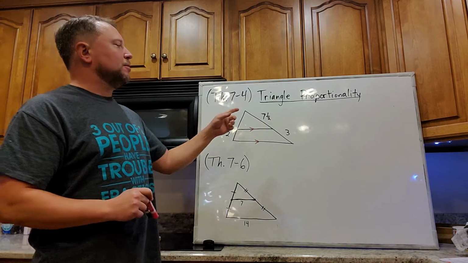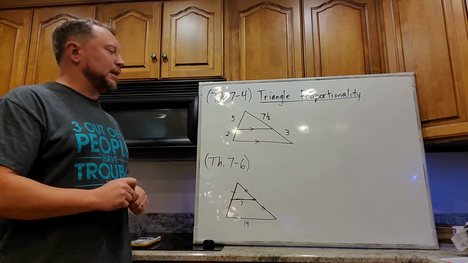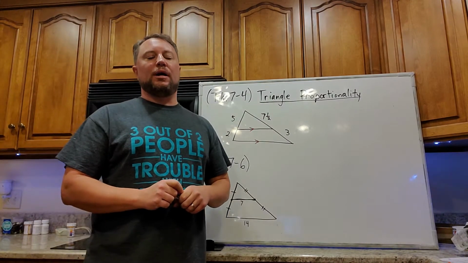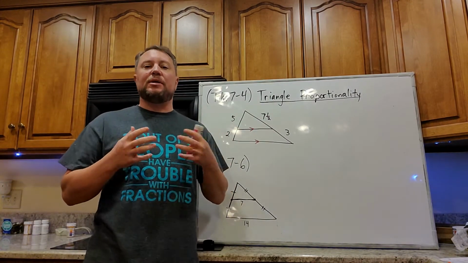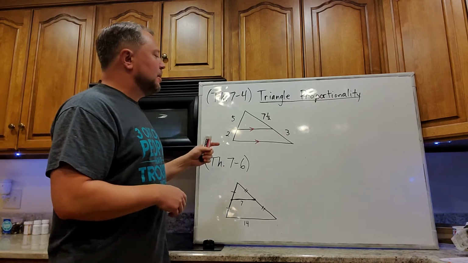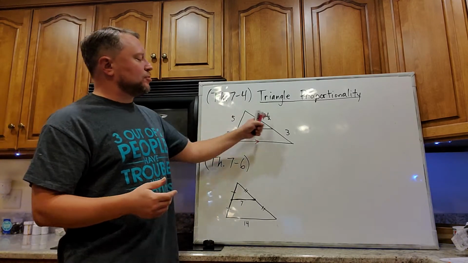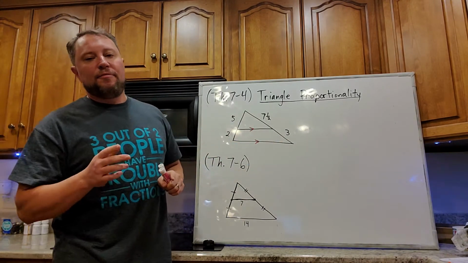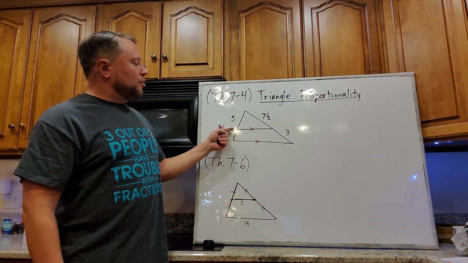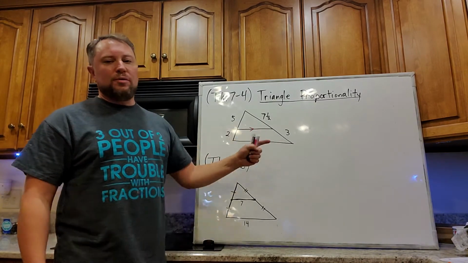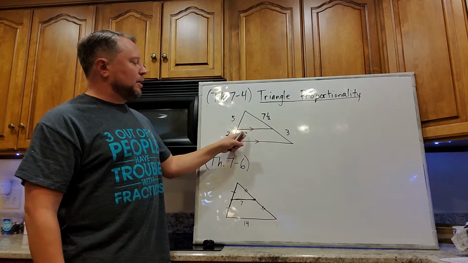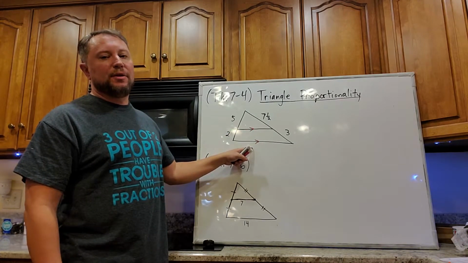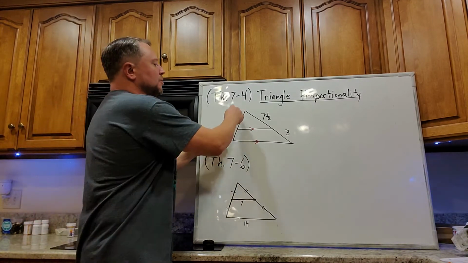This theorem is better known as the triangle proportionality theorem. It defines that special scenario I was talking about: when you have a triangle, and you run a segment through the triangle that's parallel to one of the sides of the original triangle. So here's the original triangle.